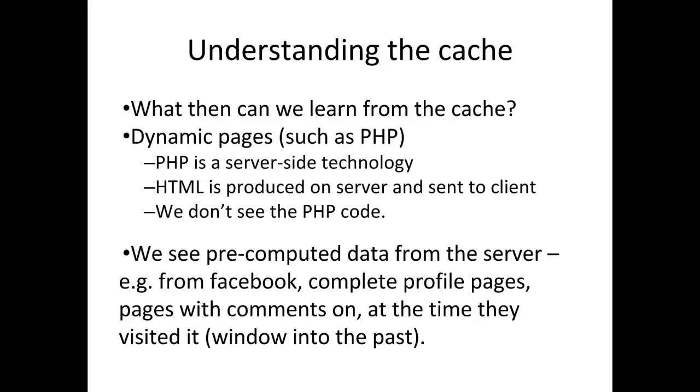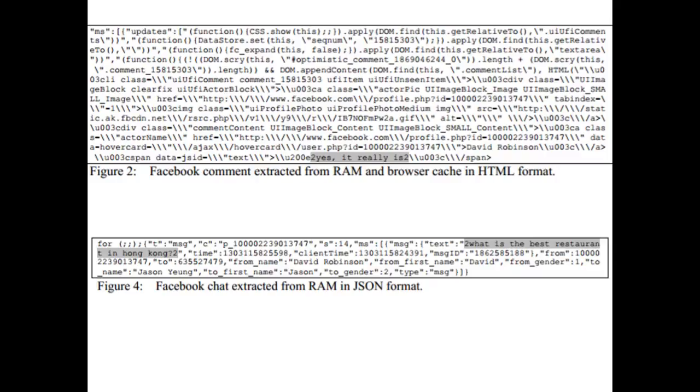Now, the next example is something that's been captured from RAM. So we have a Facebook comment that's extracted from RAM and browser cache in HTML format, and a Facebook comment that's extracted from RAM in JSON format. And what we can see here is there's a whole lot of information.